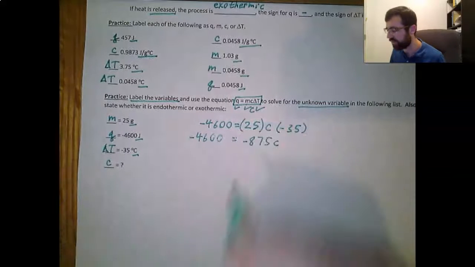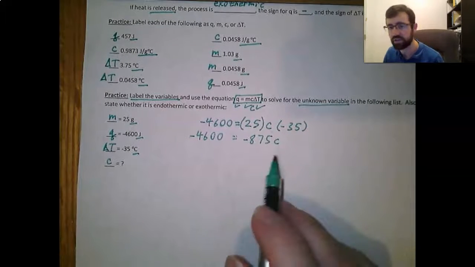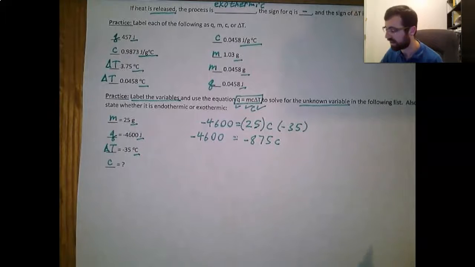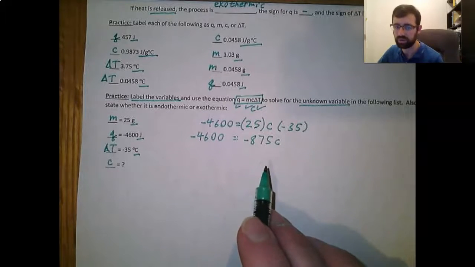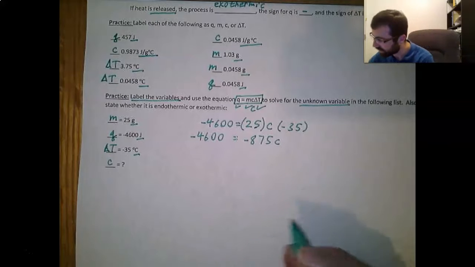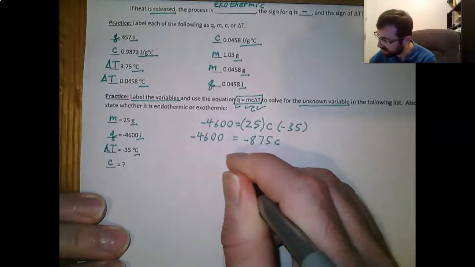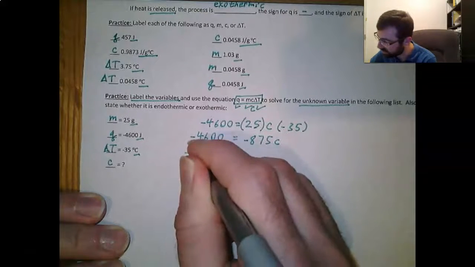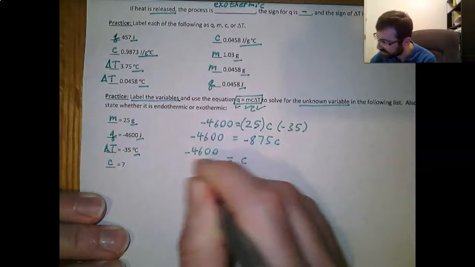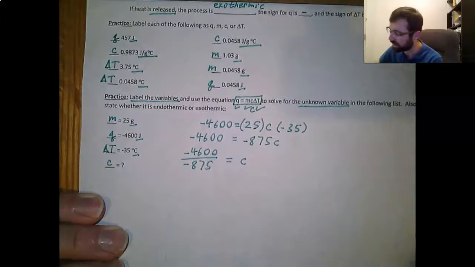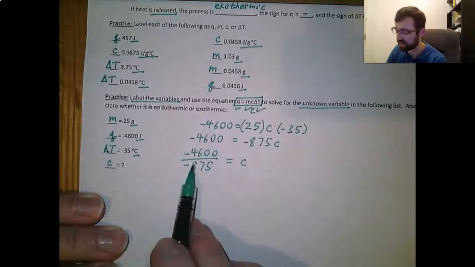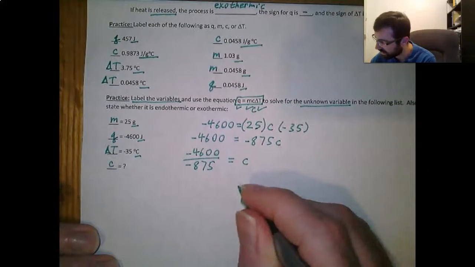If I want to solve for that, I want to get C by itself, just like if I was solving for X. Right now, these two values are being multiplied. I need to do the opposite. I'm going to divide. Okay, so C equals negative 4,600 divided by negative 875. Okay, and we're going to round to two significant figures because that's the lowest number of significant figures.